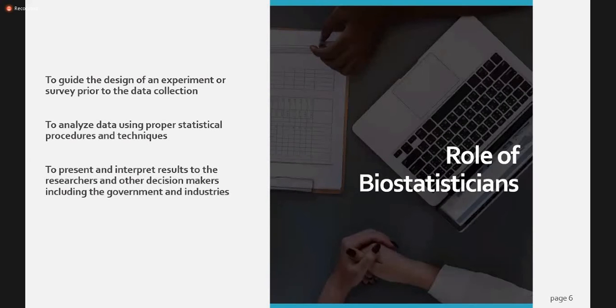So what are the roles of a biostatistician? Although you are fourth year medical students, maybe very few of you will in future opt for a field in pure research, and among those very few, or maybe a negligible number, will opt for biostatistics.